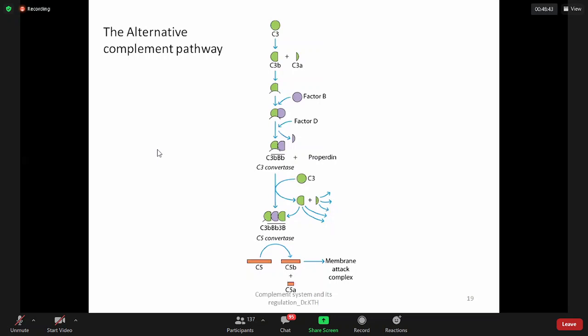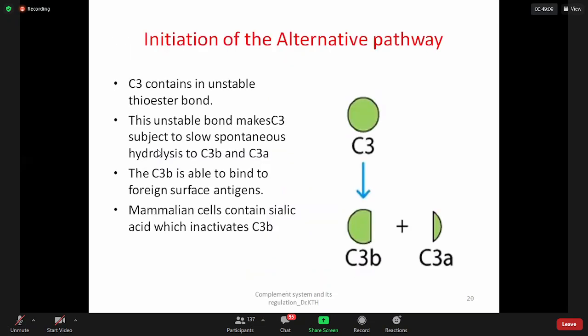And once it has bound, we then have factor B coming in, and then this factor B is going to be split into BA and BB, so that we have C3B, BB, and then you will have properdin that comes to stabilize this complex, okay?